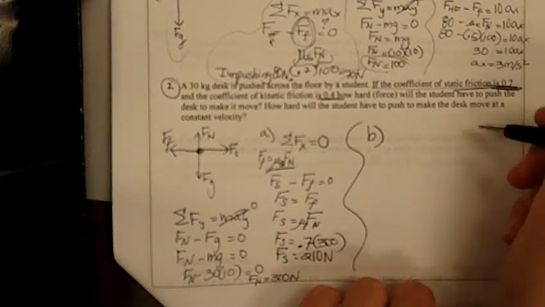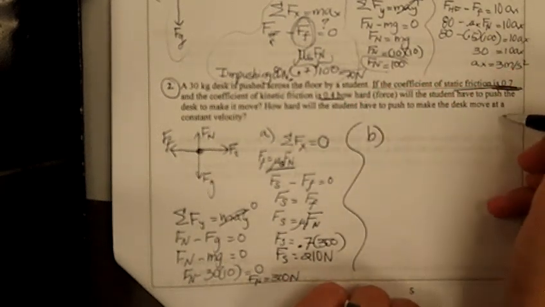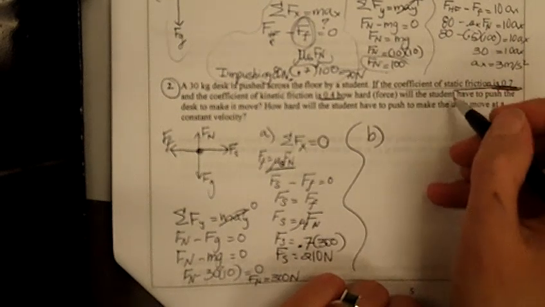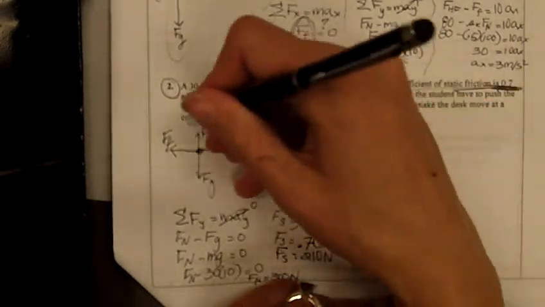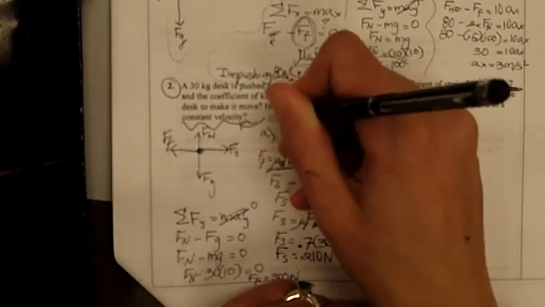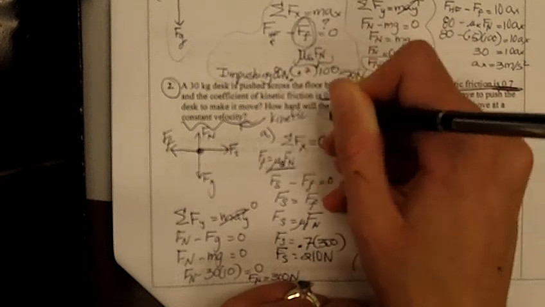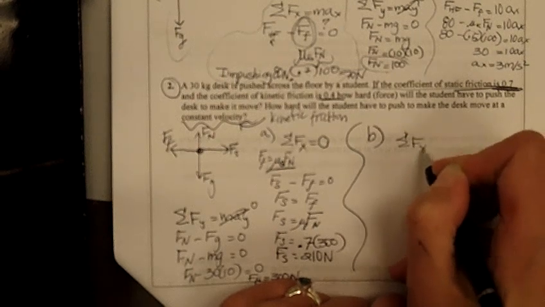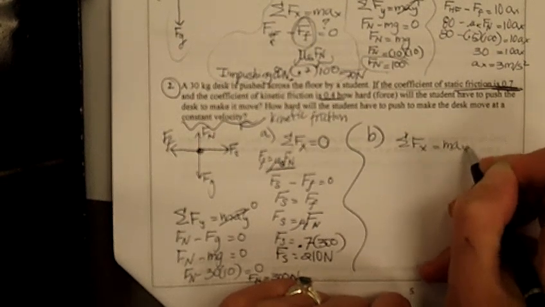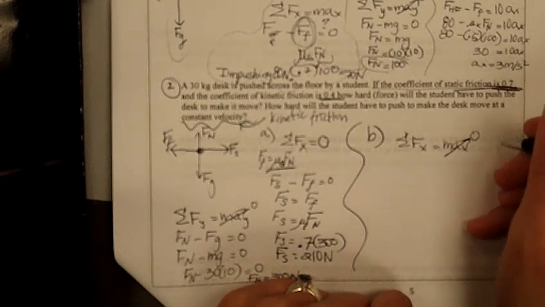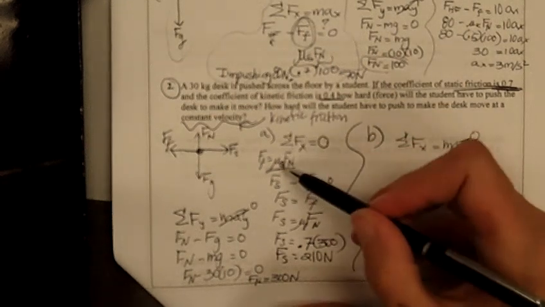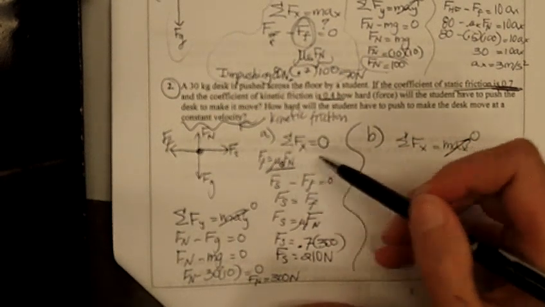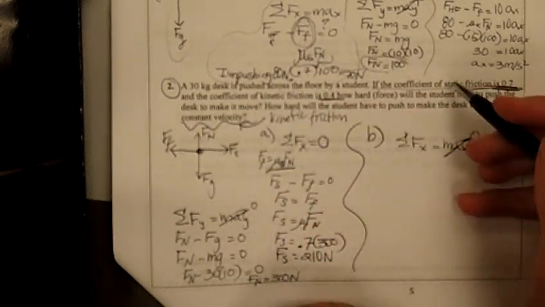For B, I want to know how hard the student will have to push to make this desk move at a constant velocity. If it's moving at a constant velocity, I know I need to use kinetic friction. So I have sigma Fx equals max. At a constant velocity, ax is 0. But instead of using mu s Fn, I'm going to use mu k, because moving means kinetic friction.